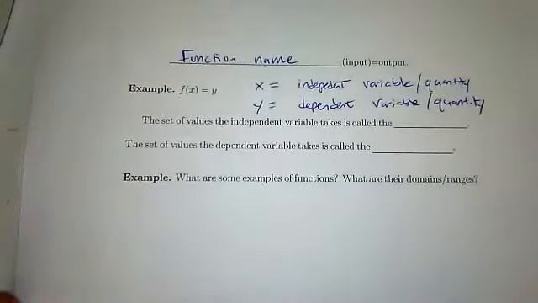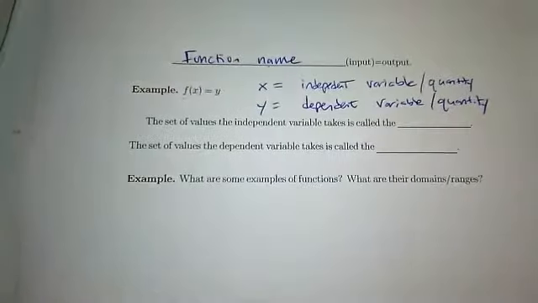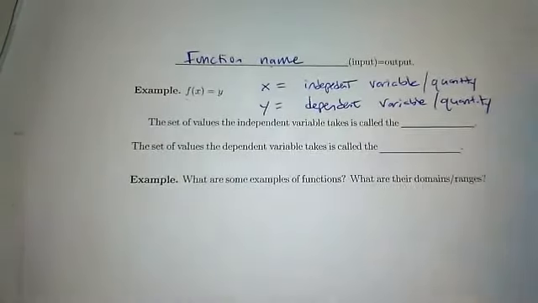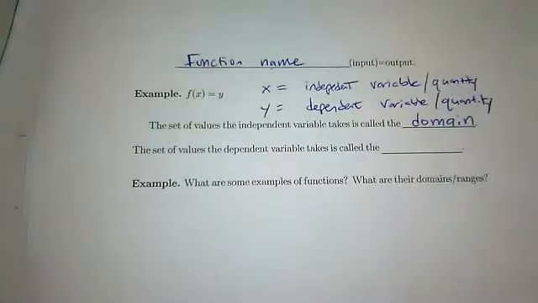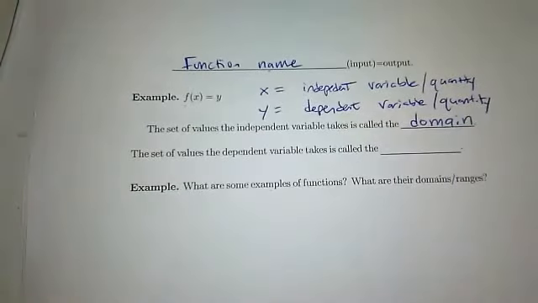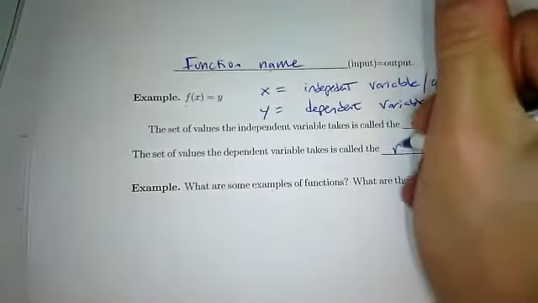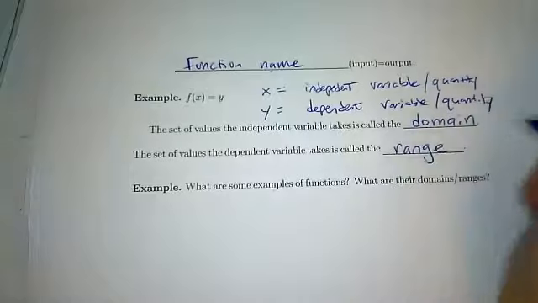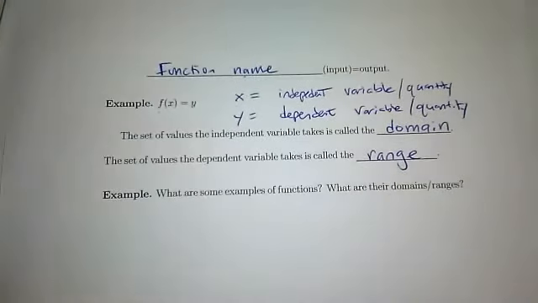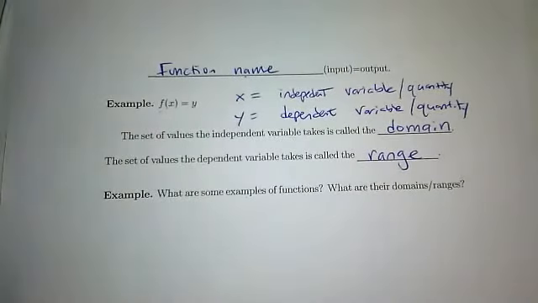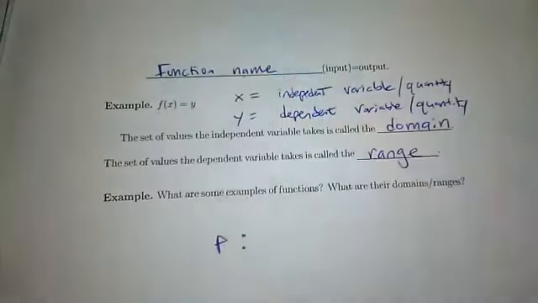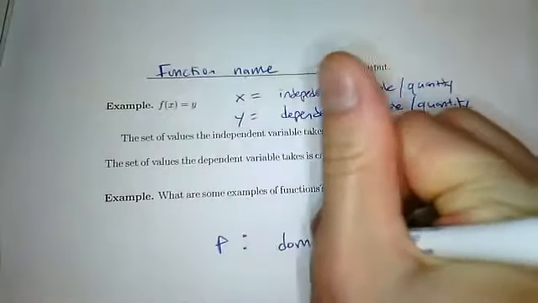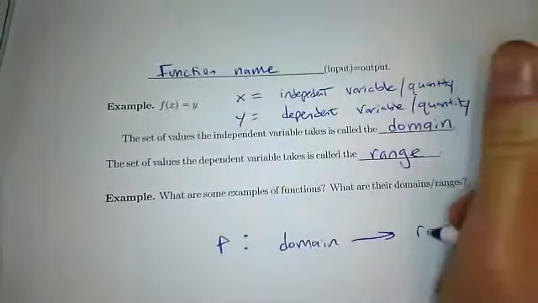No problem. All right. The set of values the independent variable takes is called the domain. And the set of values the dependent variable takes is called the range. All right. So for instance, my function f maps the domain into the range.